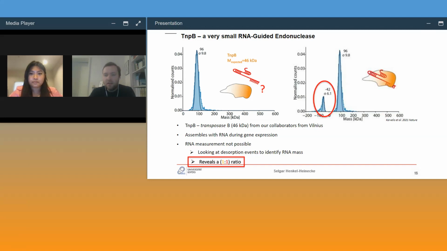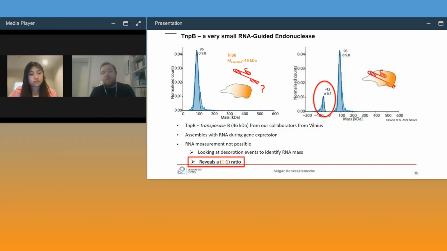I think yes. We didn't go too far into this detail. I just got the samples from our collaborators from Vilnius. Normally there will always be some equilibrium, having of course protein and RNA or nucleic acid by themselves and as a complex.